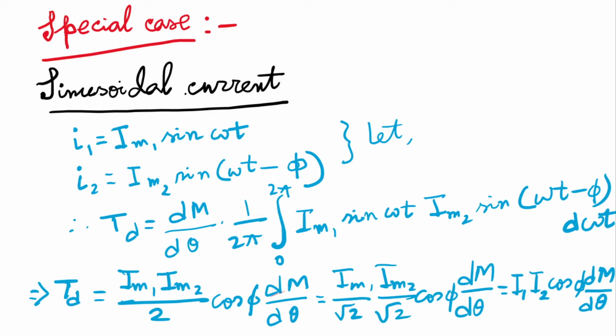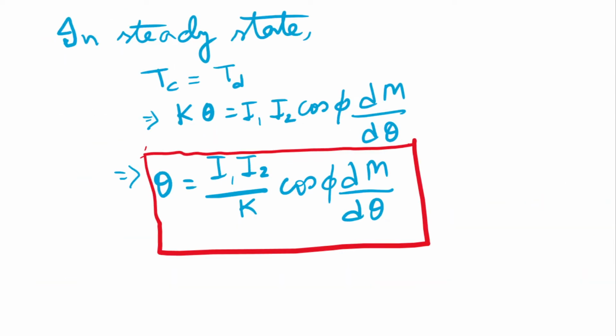So here you only have to remember that the time period is 2π and the sin A sin B format that you have to simplify. So sin ωt, and the other has a phase lag of φ, so sin(ωt − φ). Now in steady state, Tc is equal to Td and kθ equals I1 I2 cos φ dM/dθ. So θ equals I1 I2 by k cos φ dM/dθ.